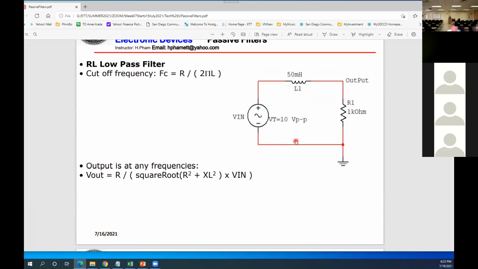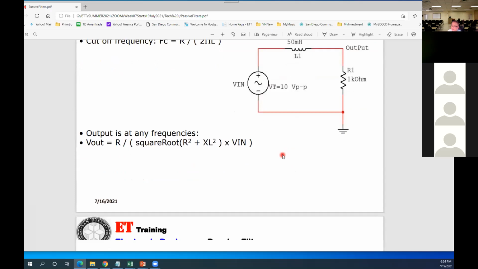No, I'm saying, is there something that the inductor or the capacitor does to make one better than the other? For sure, I believe capacitor is better. So that's why I saw most of the filters will be RC. Very, very few with the RL. But I still bring it up for you guys.